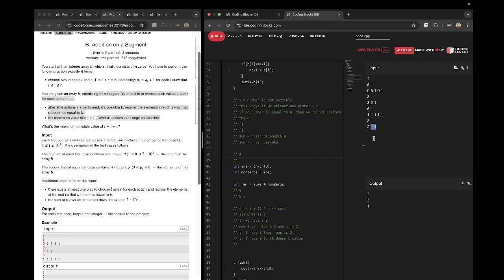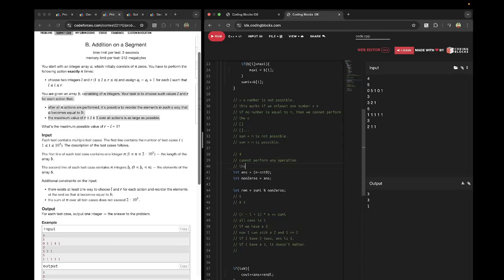That will reduce the sum by something. I cannot perform any operation that increases sum.